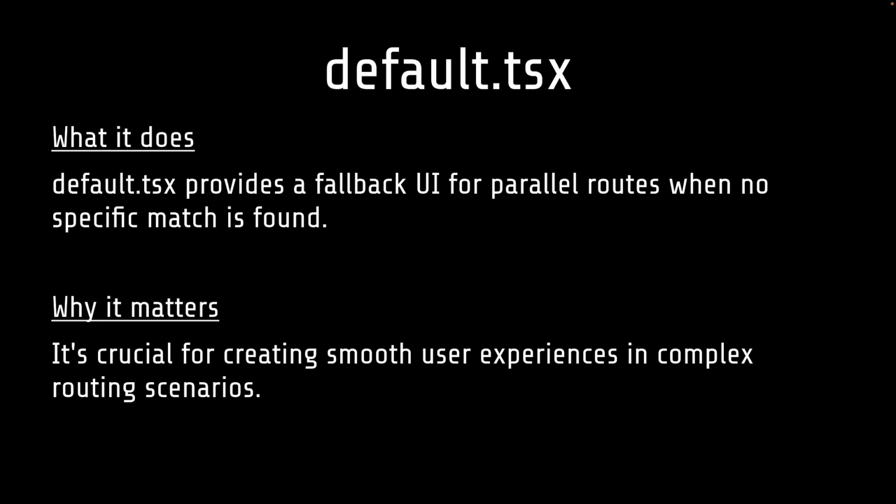It is crucial for creating smooth user experiences in complex routing scenarios. When you're working with parallel routes, there might be situations where one part of your UI doesn't have corresponding content. Instead of a page not found error, default.tsx allows you to display meaningful fallback content.